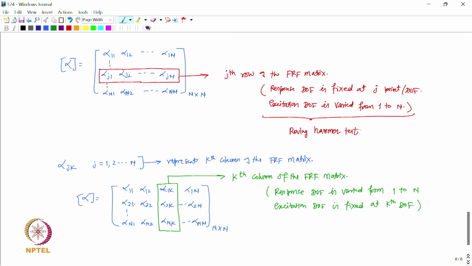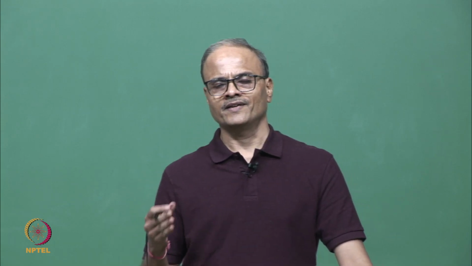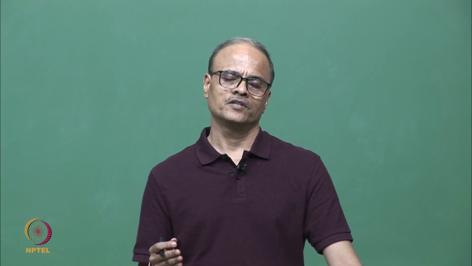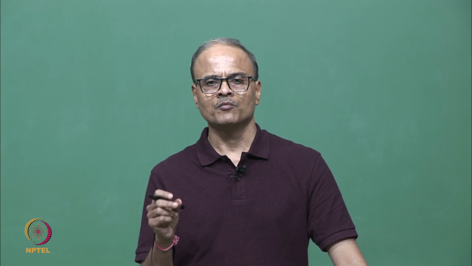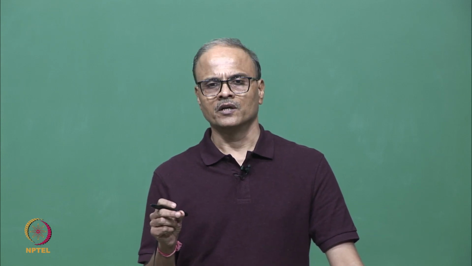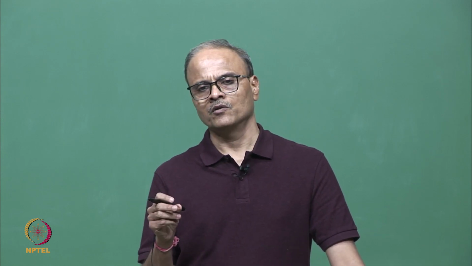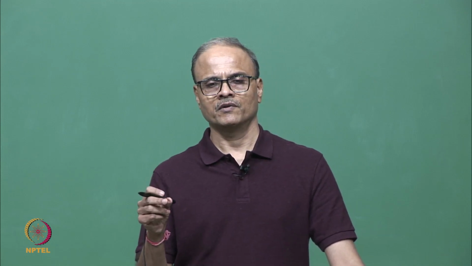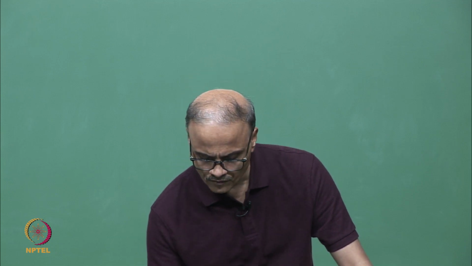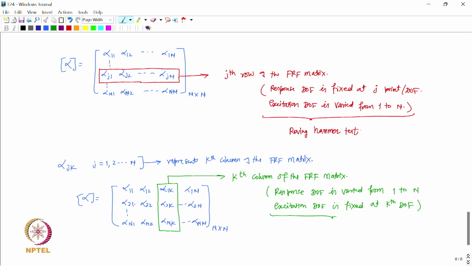This strategy, in which the response DOF is varied and the excitation DOF is kept fixed, is called a roving accelerometer test. If we are using one accelerometer to measure the response, then after measurement is completed at one point, we will have to move the accelerometer to the next point, and then to the next point. So this method of FRF measurement is referred to as a roving accelerometer test.